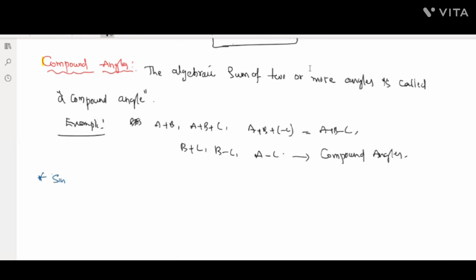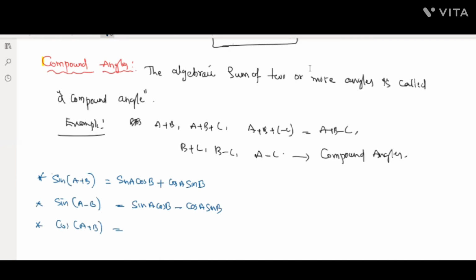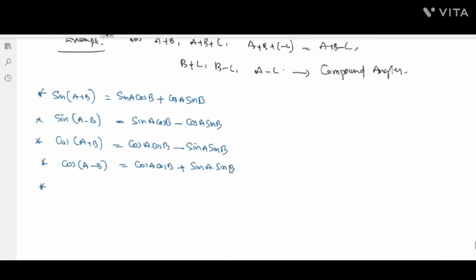The first one is sine A plus B, which is sine A cos B plus cos A sine B. Then sine A minus B is sine A cos B minus cos A sine B. Third, cos A plus B is cos A cos B minus sine A sine B. Next, cos A minus B is cos A cos B plus sine A sine B. And next we have tan A plus B.